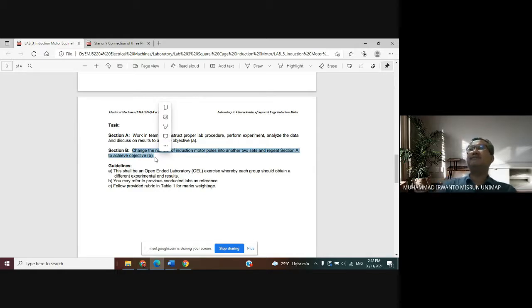It means, in our simulation for section A, after creating the induction motor in PSIM, I repeat again, the mechanical energy is converted to electrical energy, and then a resistive load is connected.